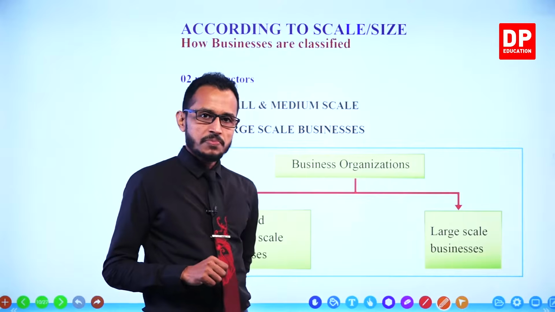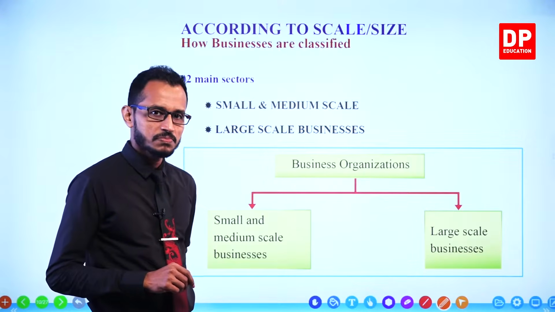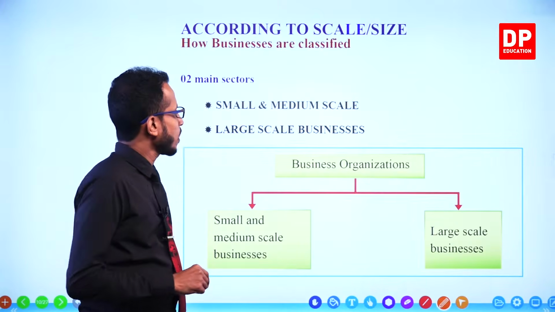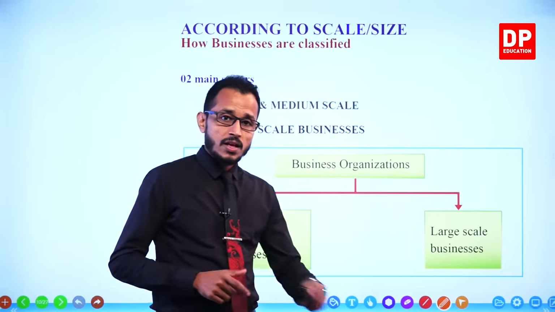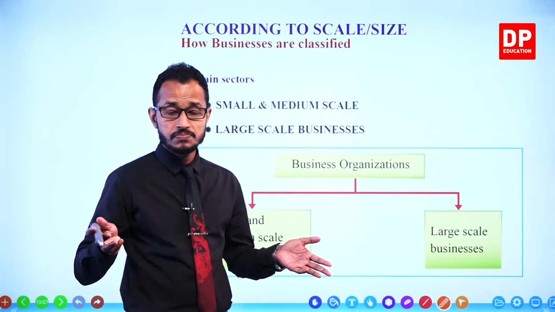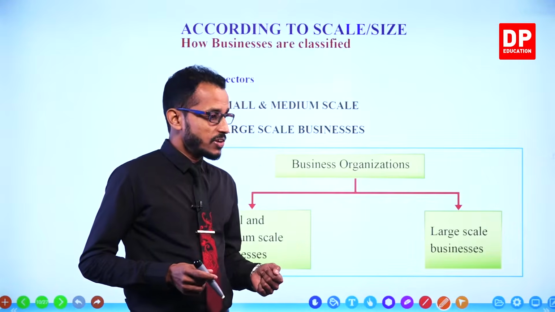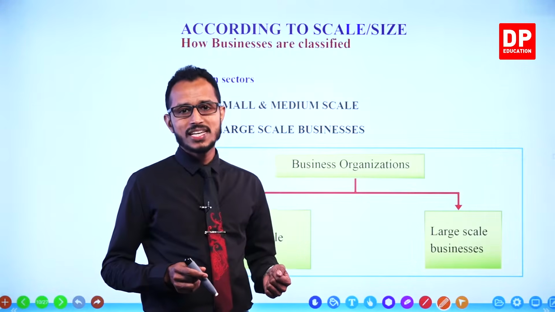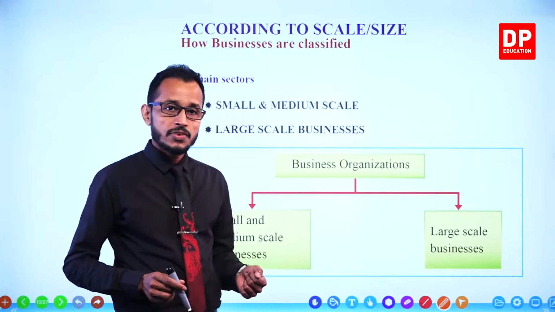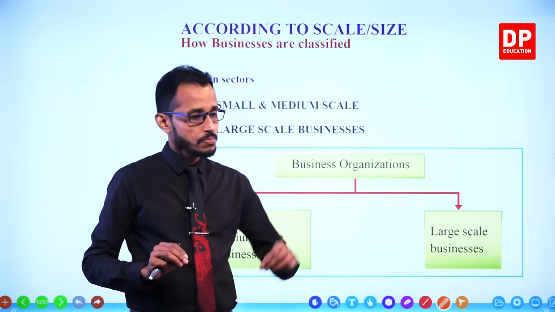And in the previous session, we started Unit 3, Business Organizations. As you remember, we first talked about different types of business organizations. We talked about the owners of a business organization.